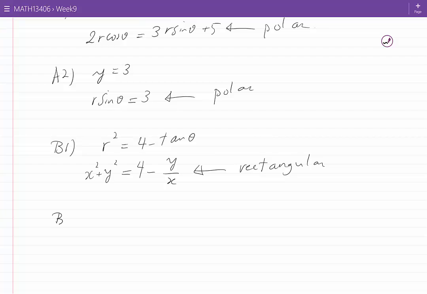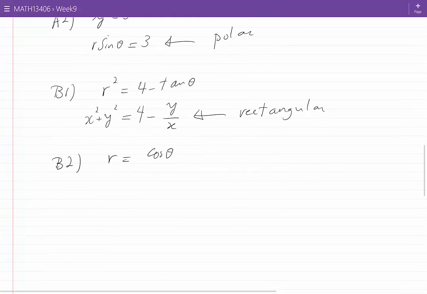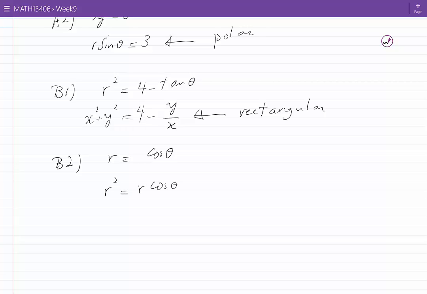Question B2. r is equal to cos theta. If I multiply both sides of the equation by r, I would have r squared on the left hand side and r cos theta on the right hand side.